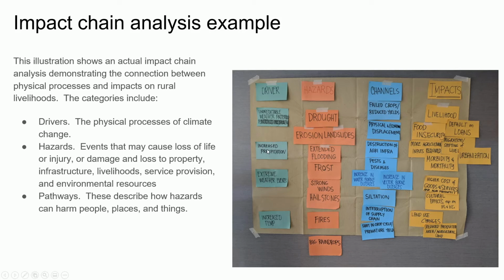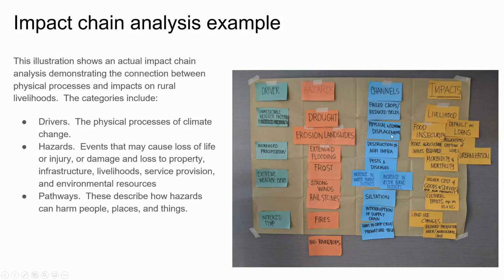Increased precipitation, that's a physical process. That comes from climate change and global warming. We have more rainfall. Increased precipitation, well, that can lead to erosion and landslides, right? Because there's more rainfall, there's more erosion and landslides. So erosion and landslides is our hazard. And how does a landslide hurt people, places, and things? Well, in a number of ways.